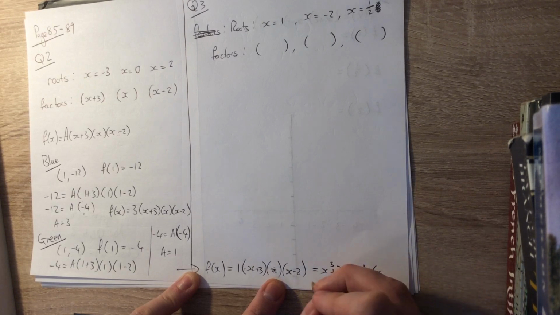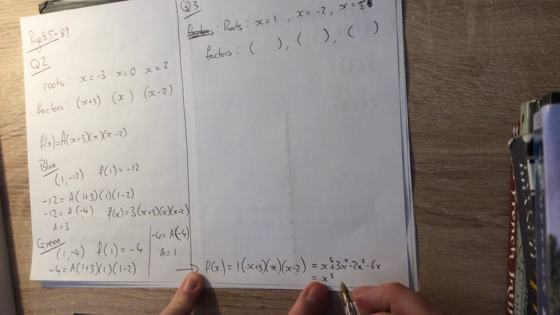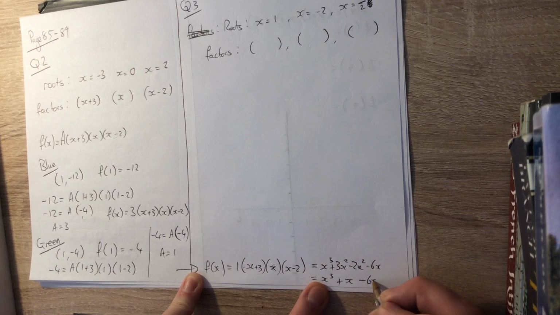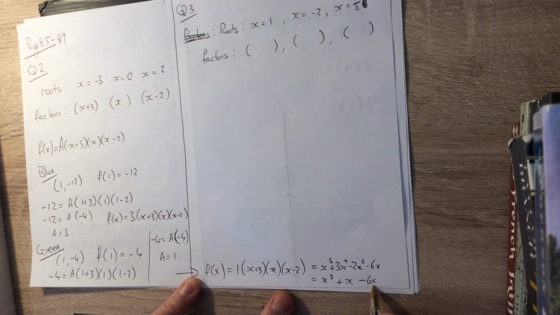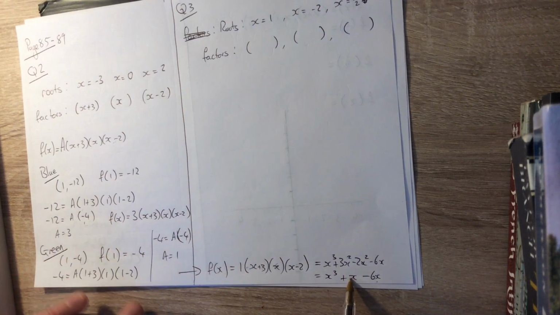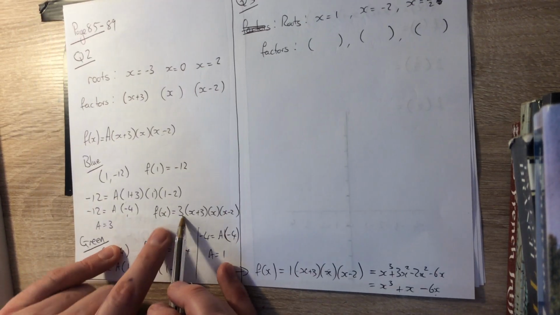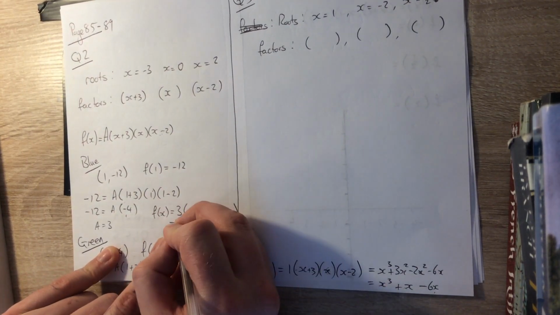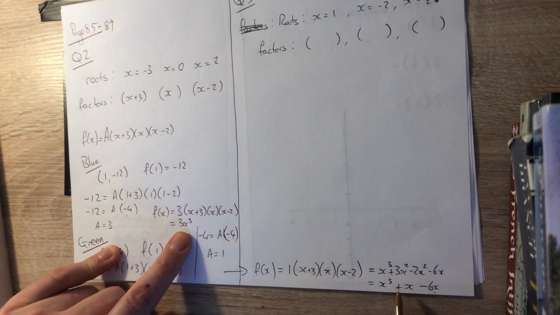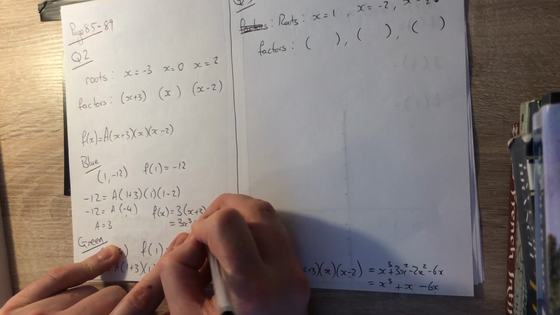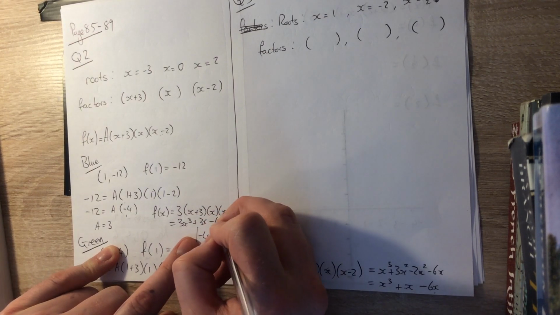So if you multiply that all out, and you can do that yourself in a little bit more detail if you're not sure what I just did, you get x cubed plus x squared minus 6x. And the only difference between that for the green curve and the blue curve up here would be you'd multiply it all by 3. So that'd be 3x cubed plus 3x squared minus 18x.